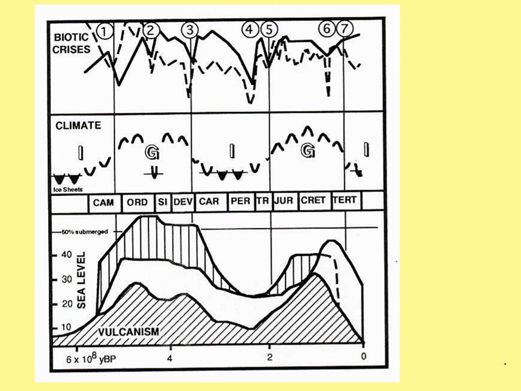The middle thing listed under climate shows the climate, either icehouse or greenhouse, and here we are today in the icehouse, with age on the horizontal axis going from old to young. So this is the Phanerozoic, the last 542 million years worth of Earth history, and you can see during the Ordovician, Silurian, Devonian, you're in greenhouse, so you have lots of carbonates.